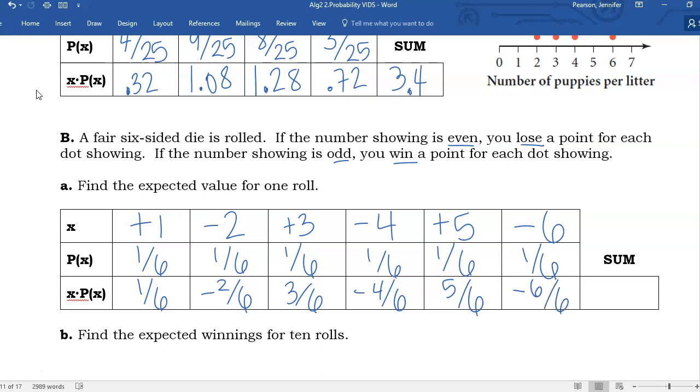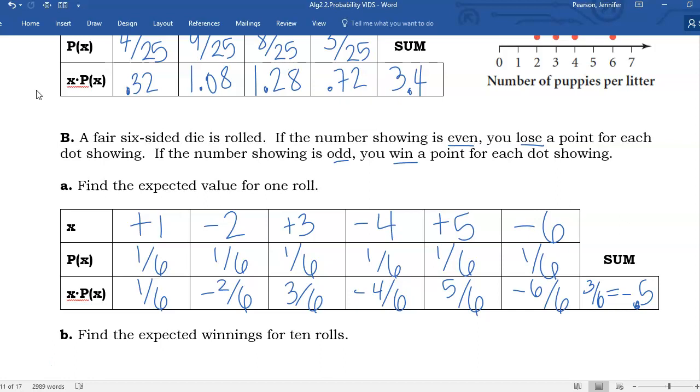With common denominators, I'm basically doing 1 minus 2 plus 3 minus 4 plus 5 minus 6, which leaves me with negative 3/6, the same as minus 0.5. So I would expect to lose half a point on average each time I play this game.